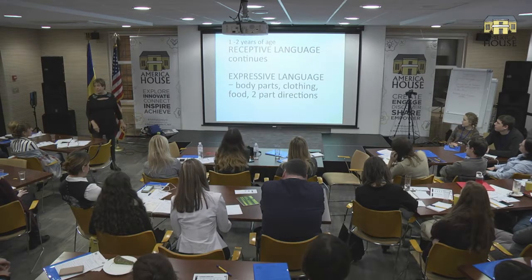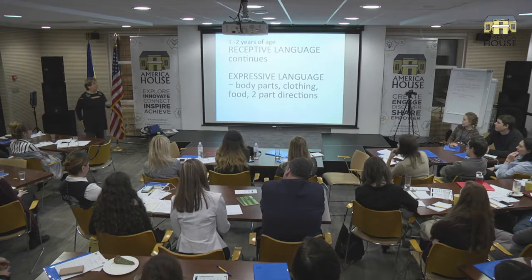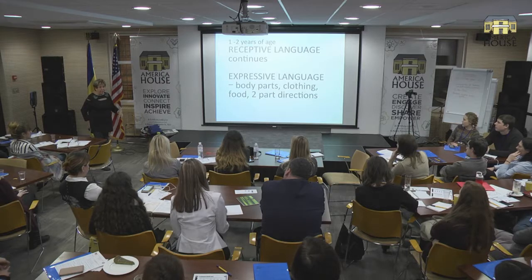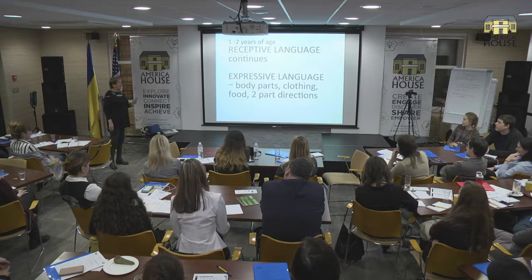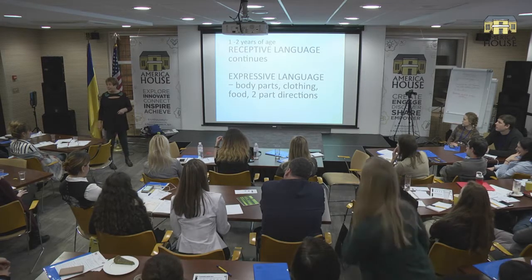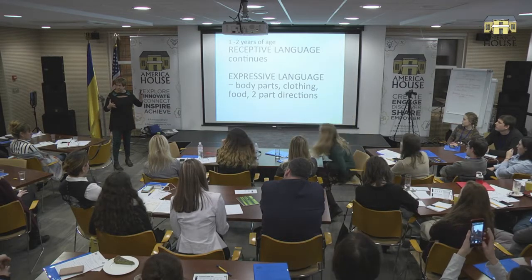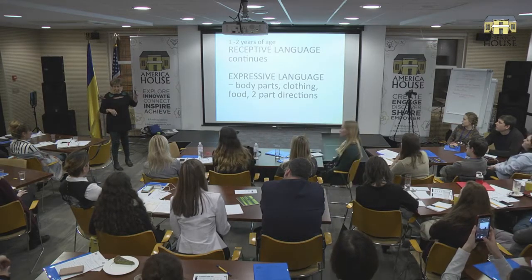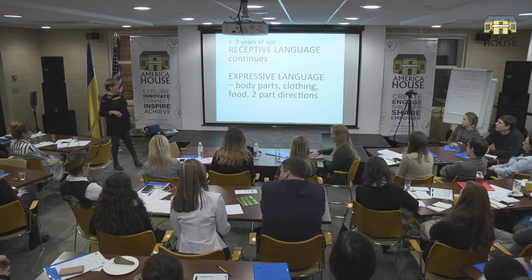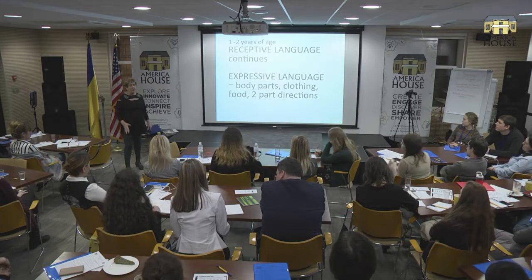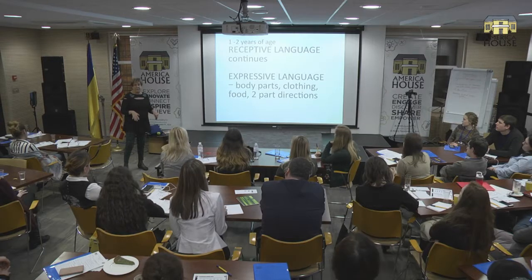1 to 2 years, receptive language continues, but now expressive language comes in. They're starting to talk a little bit. Remember these numbers I'm giving you. They talk about body parts, clothing, food.